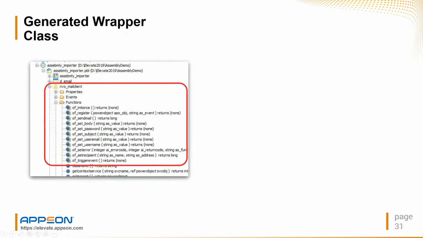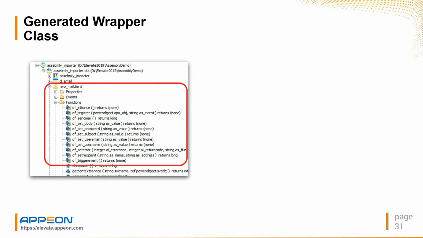So here's an example. If you saw the earlier sample and happened to notice, the class was called Mail Client, and so there was an option there to put NVO underscore as the prefix, and that's what happened. The non-visual object is called NVO underscore mail client.